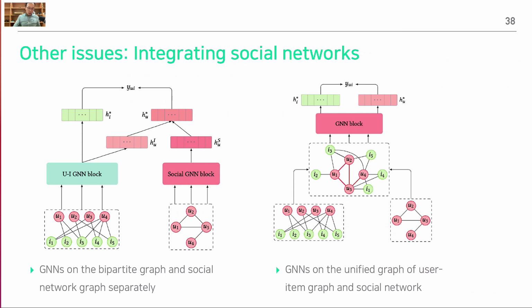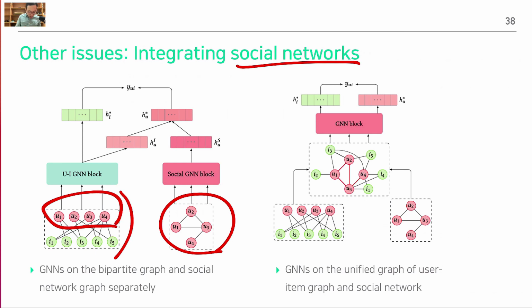So we talked about integrating other external information, and how we can incorporate other networks. One of the popular ones is the social network. In addition to the bipartite graph, we consider a GNN over the social network among the users, and we decide each user's representation at the same time.